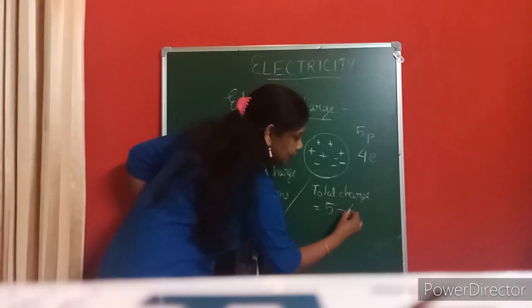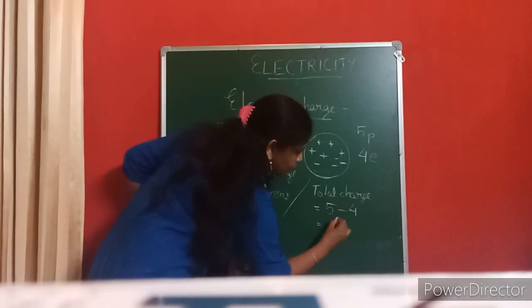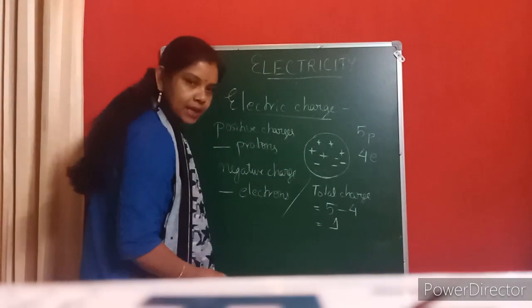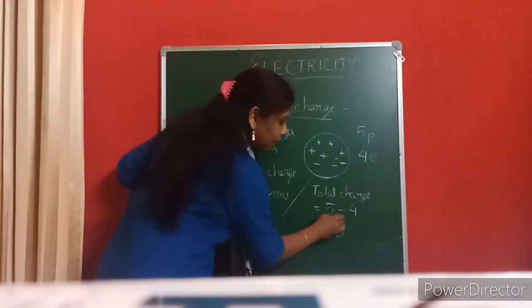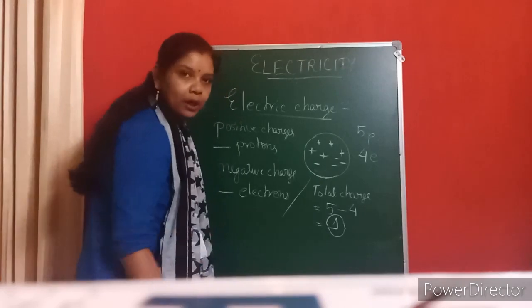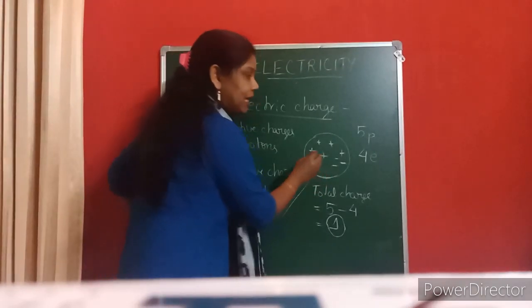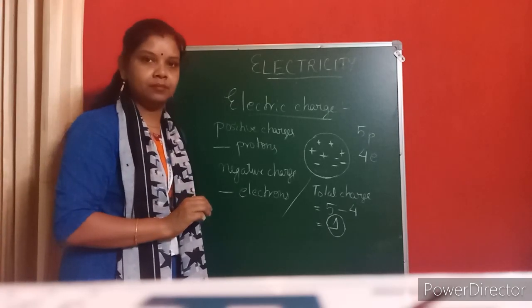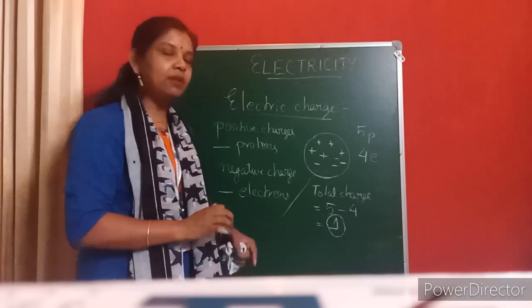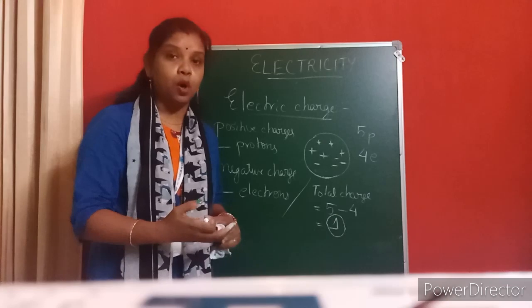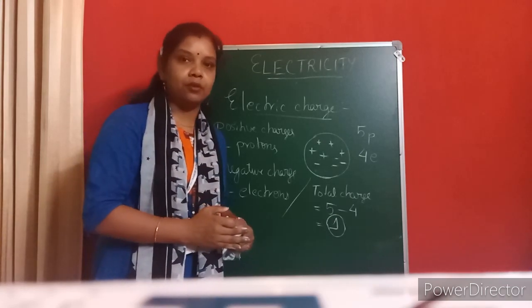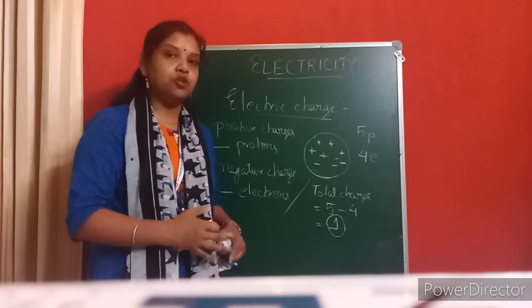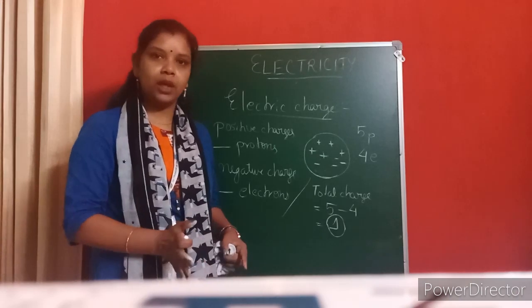How many electrons are there? 4. So what is the charge? 1 or not? Am I writing plus or minus in front of 1? Plus. So the body behaves like a positively charged body. Means if the body has an excess number of protons compared to the electrons, then I will call the body positively charged. Okay, clear?